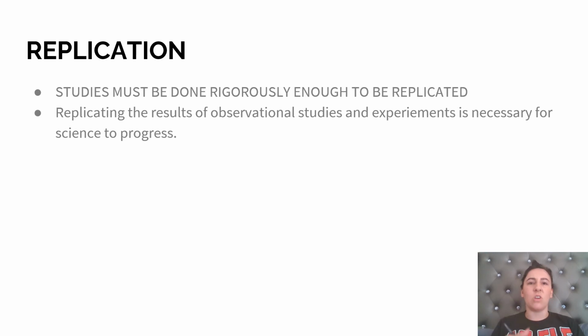And you need to make sure you're documenting everything so well that if someone else were to redo your experiment or your study, they would be able to do everything that you did and get the same result.